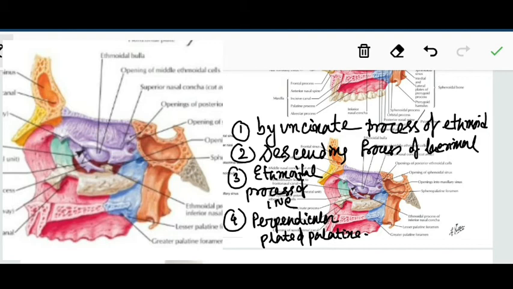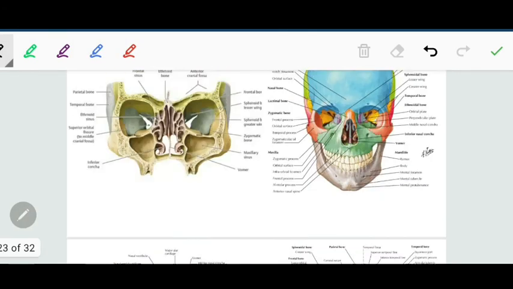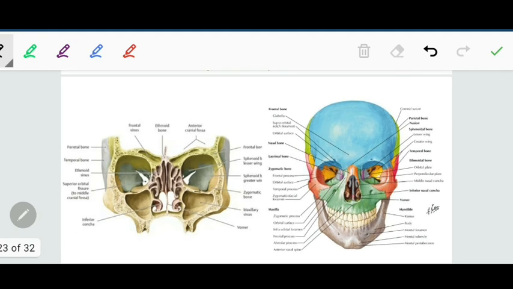Now regarding the apex, the apex of the maxillary sinus is opposite the base. This is the apex, which extends into the zygomatic process of the maxilla.